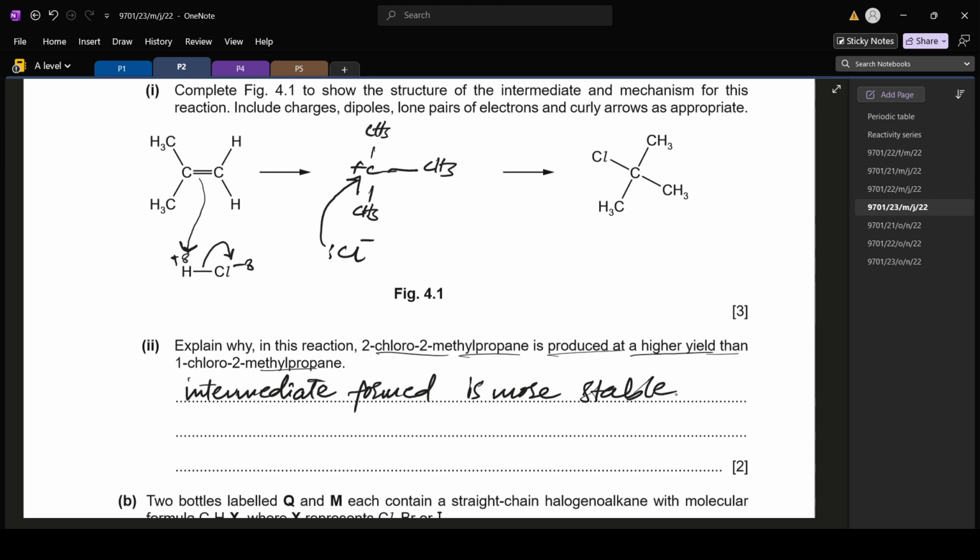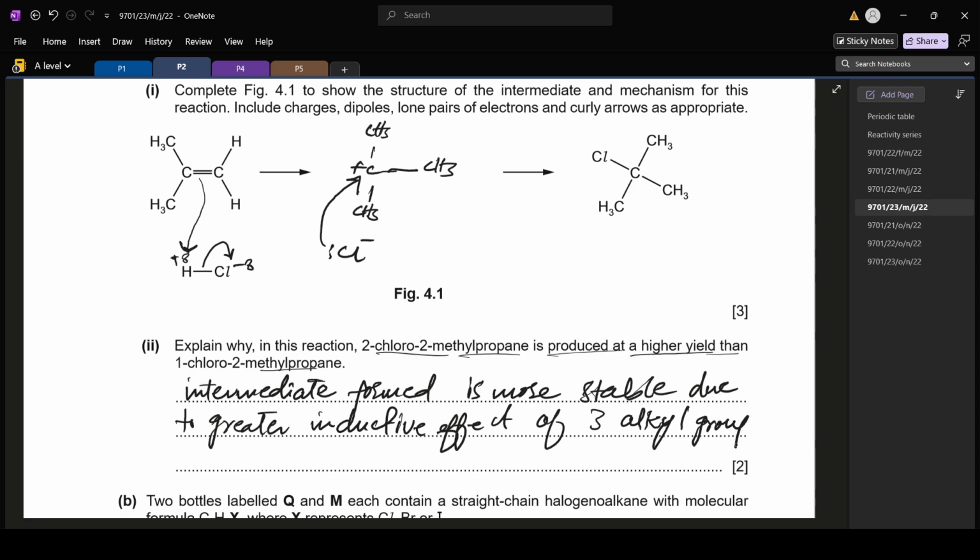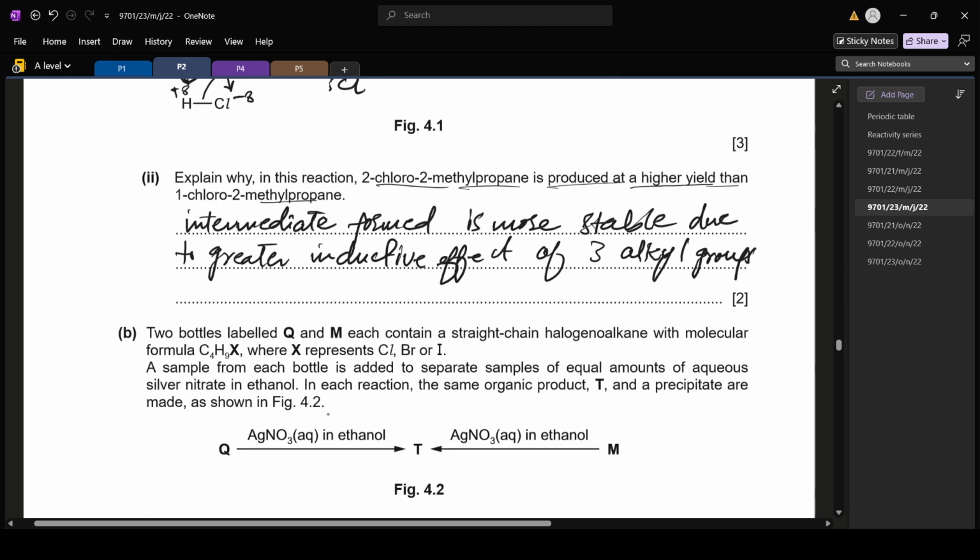Because of the greater inductive effect of the three alkyl groups, or methyl groups. Or you can write more alkyl groups. That's why this is stable.